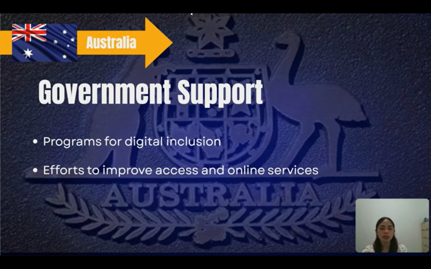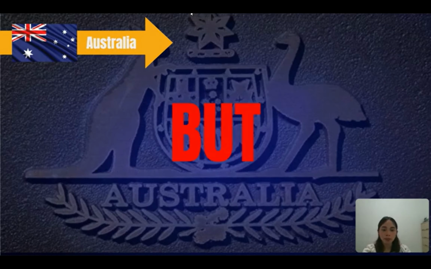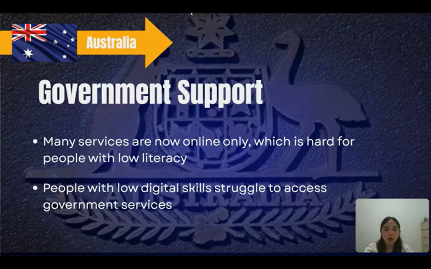It's fast, it's modern, and it's efficient. But there's a catch. For those with low literacy and the elderly who didn't grow up with a smartphone, this efficiency is actually a barrier for them.